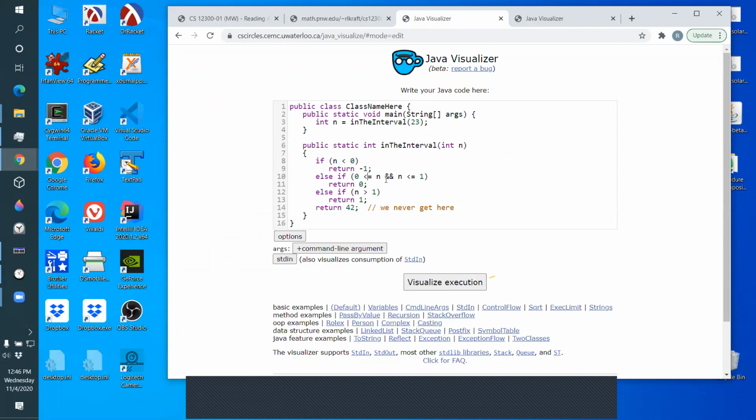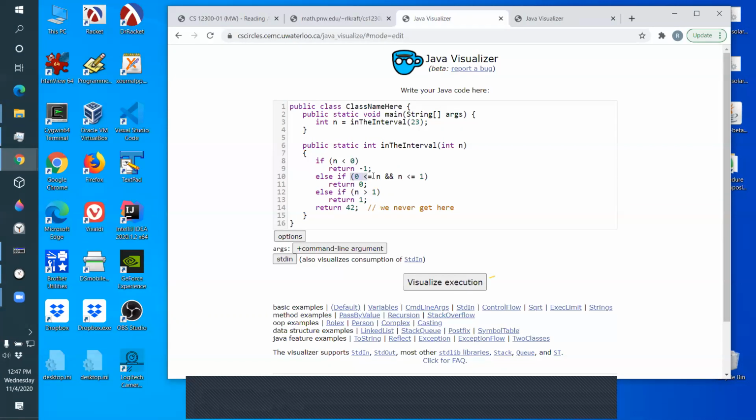This would ask that n is greater than or equal to 0 and n is less than or equal to 1. Well, what integer is greater than or equal to 0 and less than or equal to 1? 0 and 1. 0 is equal to 0 and less than or equal to 1. And 1 is equal to 1 and it's greater than 0. Okay, so 0 and 1 are the only integers that make this true.